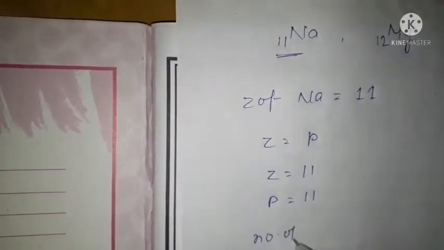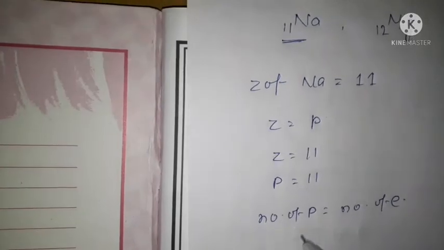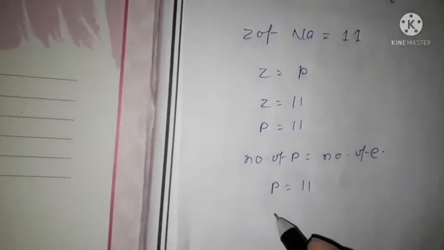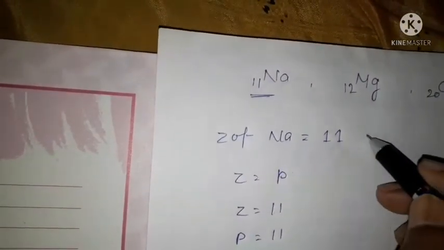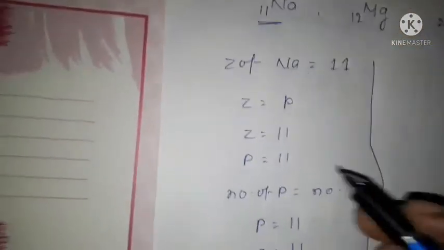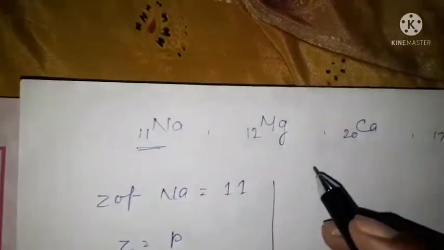If atomic number Z is 11, then the number of protons is also 11. We know the number of protons is equal to the number of electrons. If protons are 11, then the number of electrons is also 11. In this way, we calculate Z as atomic number, P as number of protons, and E as number of electrons from any element.